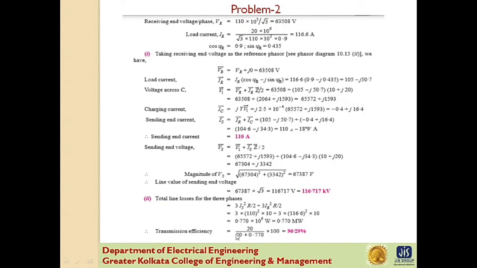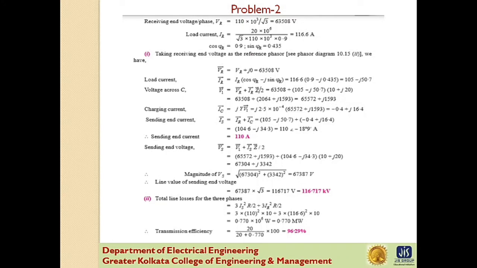Now we calculate the transmission efficiency. The power delivered is given, so the sent power is equal to power delivered plus losses. We calculate the total line losses. For 3 phase, total line losses is equal to 3 Is squared R by 2 plus 3 IR squared R by 2, because the resistance is divided into two sections. In the first half the current flowing through resistance R by 2 is Is, and in the second half the current flowing through the resistance R by 2 is IR.